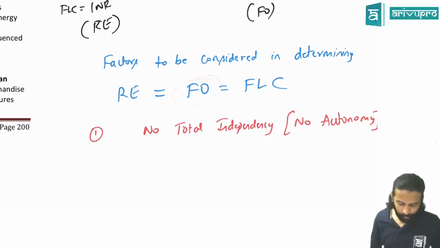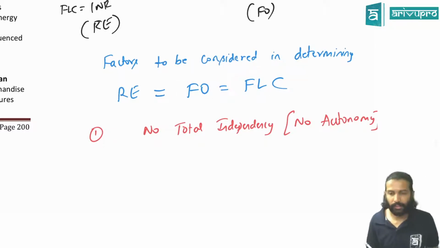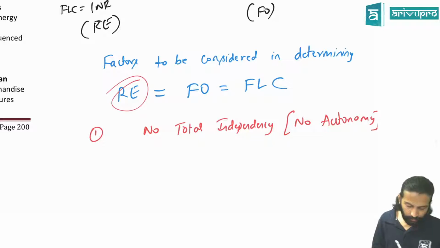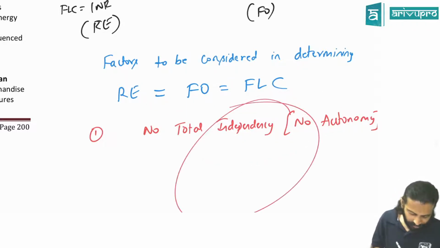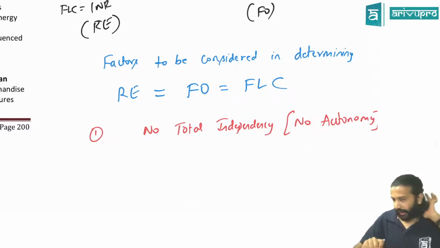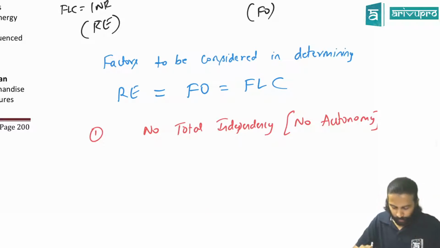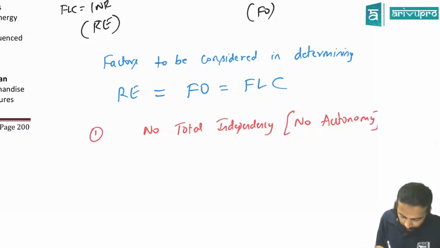FO is for foreign operation. FLC is functional currency. You can say that both the entities have the same functional currency by checking these indicators. Again, these are indicators. First one is no total independency of foreign operation.